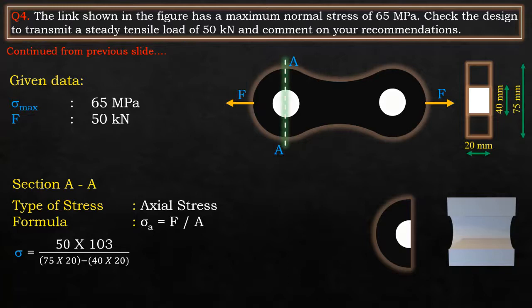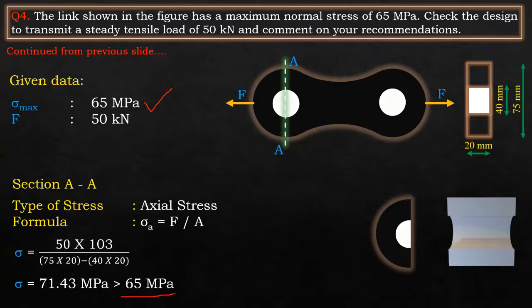With this value, I'll be getting the value of sigma as 71.43 megapascals, which is very much high compared to the given 65 megapascals. I can easily conclude here that since the stress is exceeding 65 megapascals, there are chances of failure of this component at section AA.